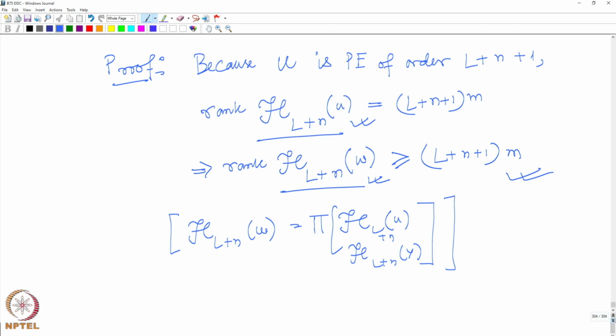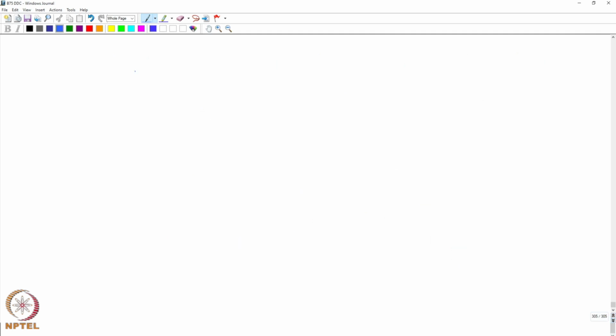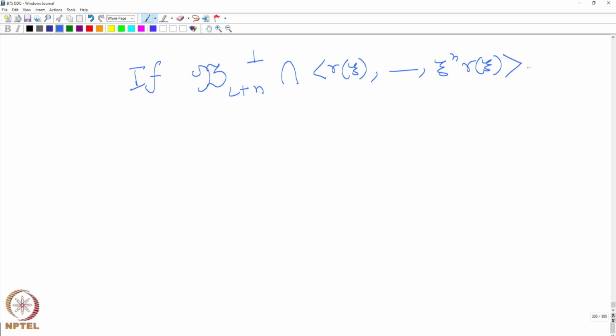Okay, now if this is so, this is one condition, and if B_{L+n}^\perp intersection R\xi, up to \xi^n R\xi, is 0, then that implies the rank of H_{L+n}^w.